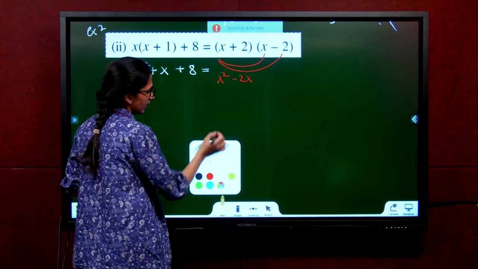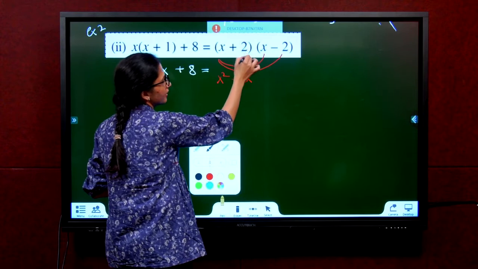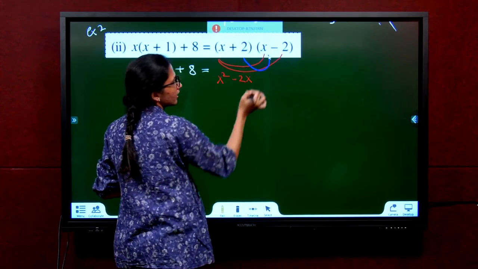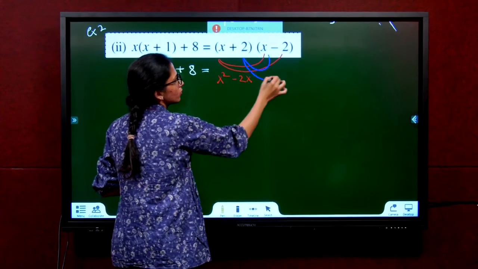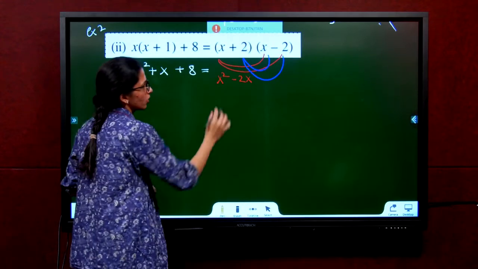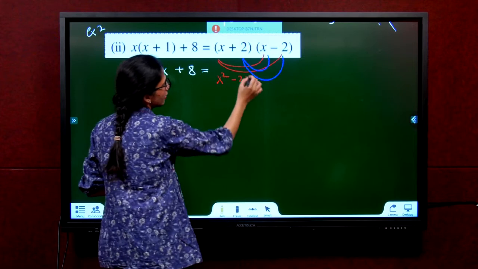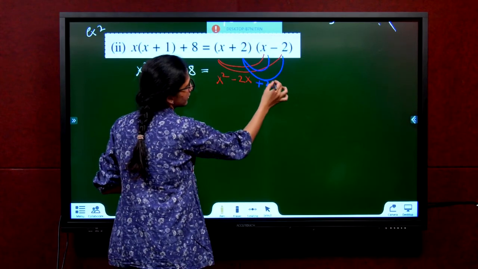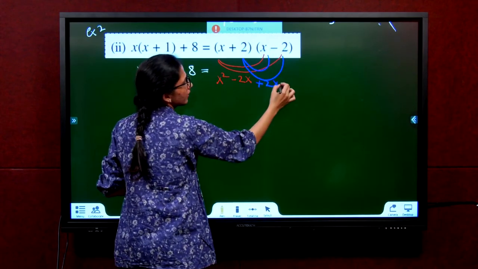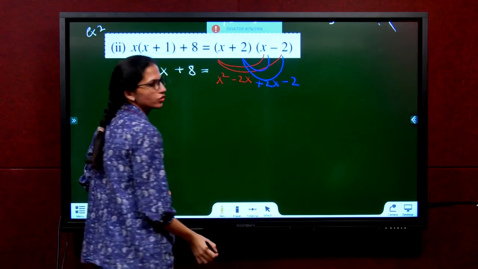Next, you take the second term and multiply it. 2 into x, 2 into minus 2. 2 into x is plus 2x. 2 into minus 2 is minus 2.